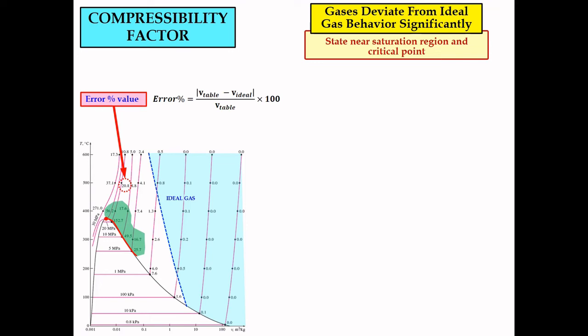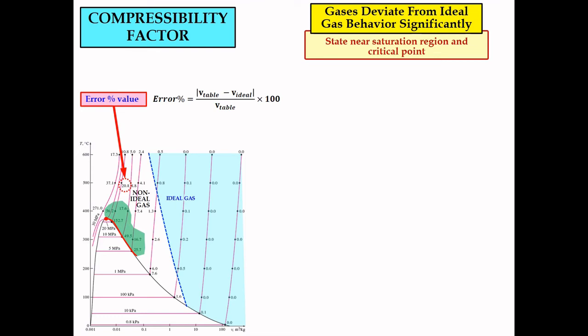On the point on the saturated vapor state close to the critical point, it is around 152.7% in terms of error and so on. So the green color region represents the area with higher error percentage.